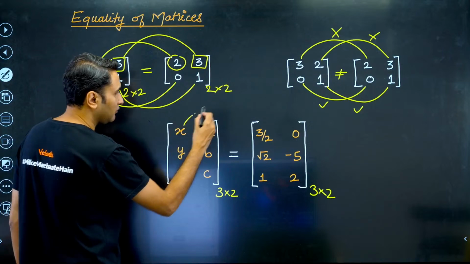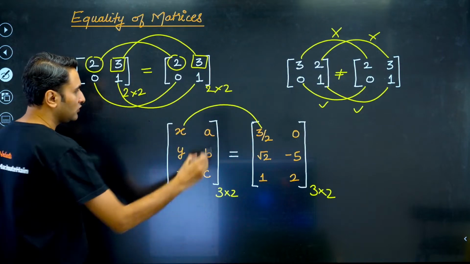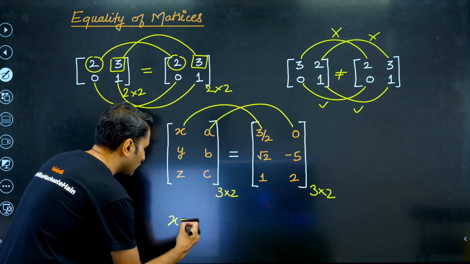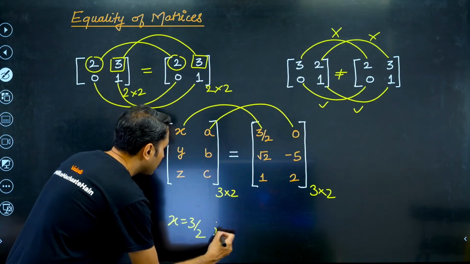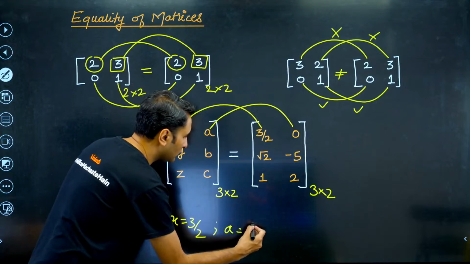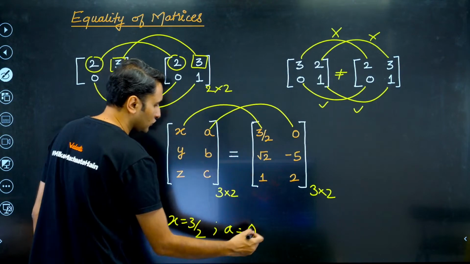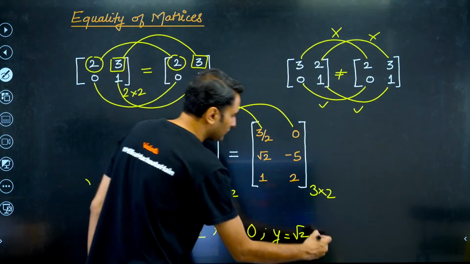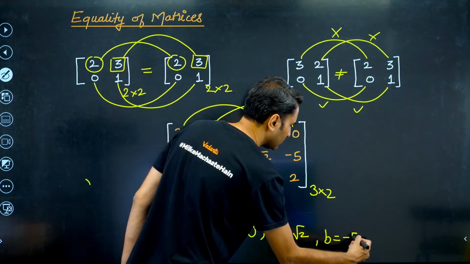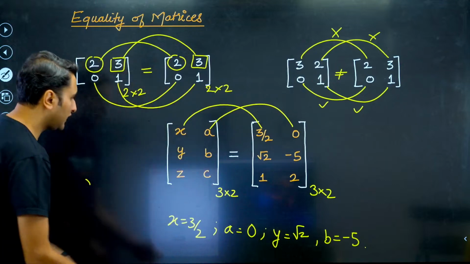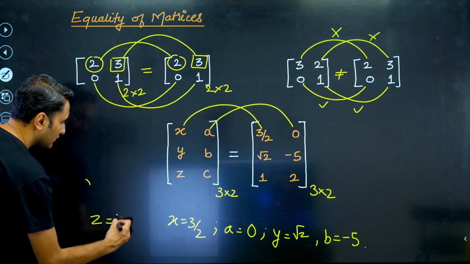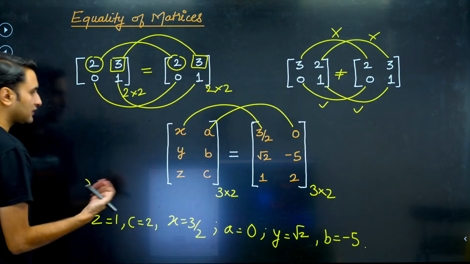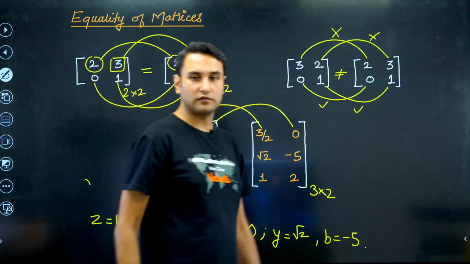Corresponding values should be same. x must be equal to 3 by 2, a must be equal to 0, y must be equal to root 2, right, and b must be equal to minus 5 and so on. z must be equal to 1 and c must be equal to 2. This is what we call the equality of the matrix.